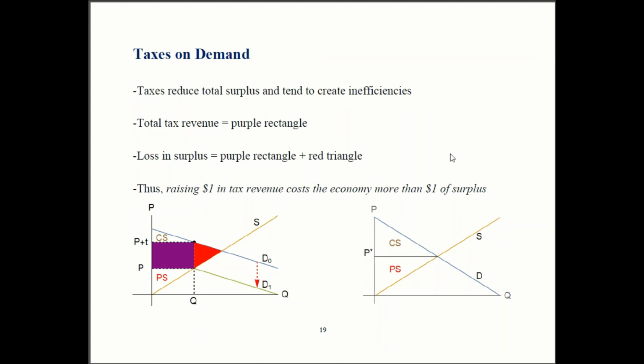That's not what I'm trying to get at here. You can have taxes, but the things you use the tax revenue for had better be really, really important, because it costs more than $1 to get $1 of revenue. So if it takes you, say, I don't know, $1.25 to get $1 revenue, then you better use that $1 revenue very, very wisely to make it overall a net benefit to society.